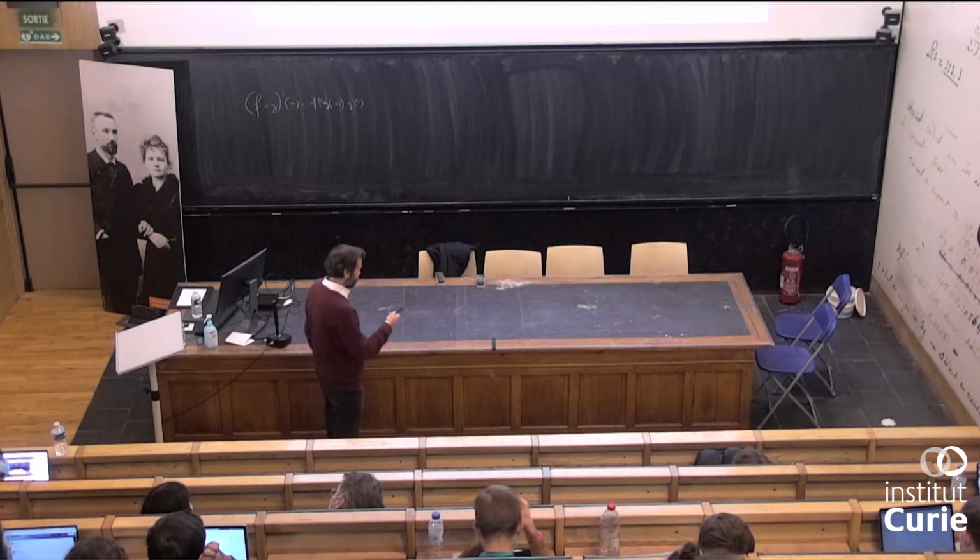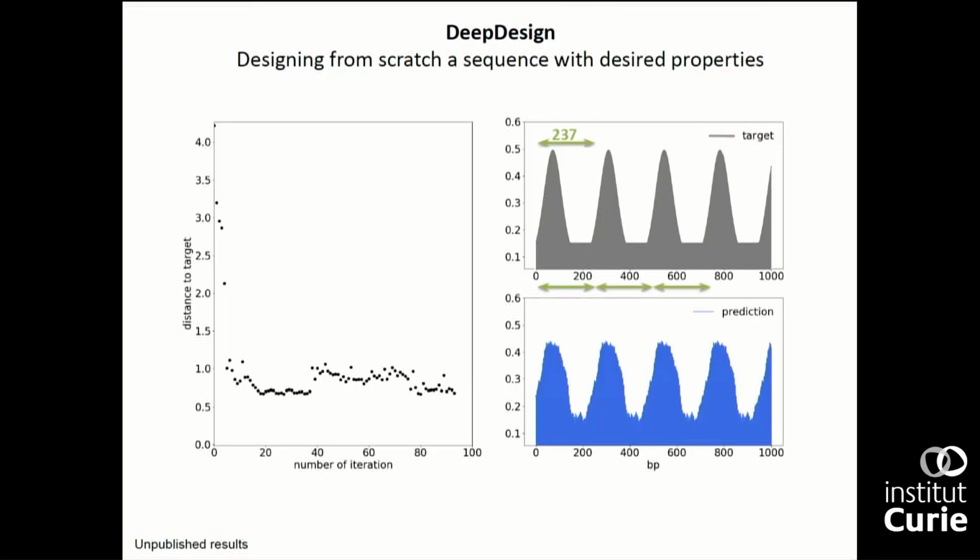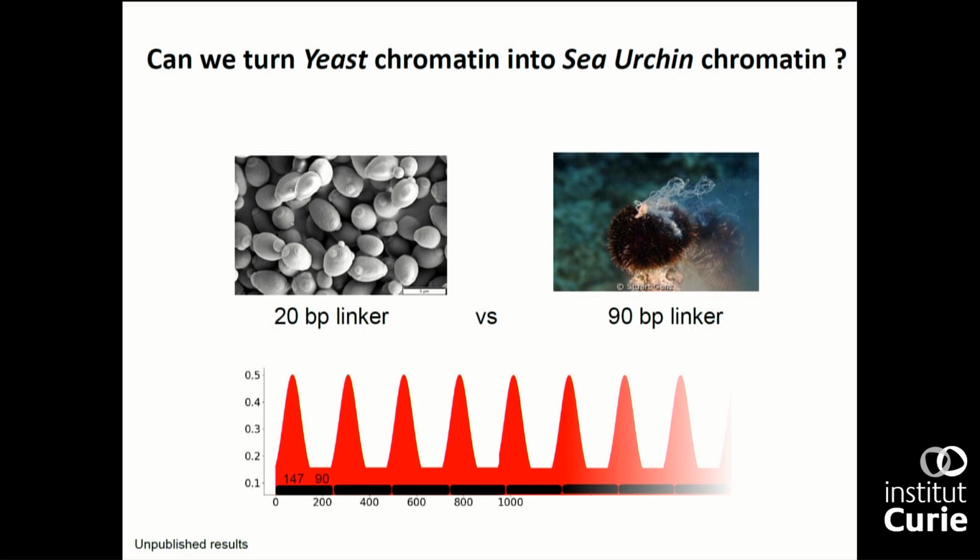So basically, here we engineered sequences which are regular arrays of nucleosomes. And one of the questions is: is there a length starting from which everything will be transcribed? So this is a part of the answer in relation to the question you asked.